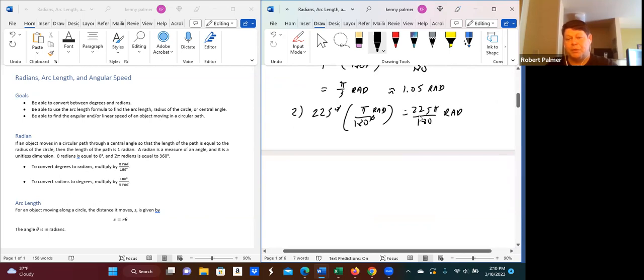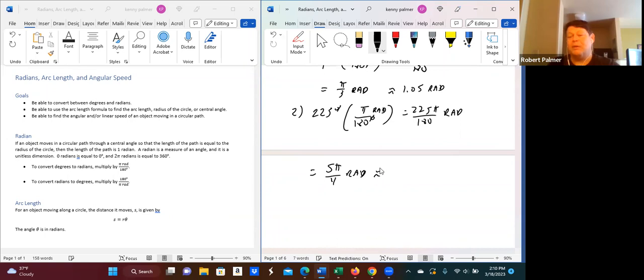Let's see, yeah, this will reduce, and I'm going to divide them both by 45. Divide both 180 and 225 by 45, and 225 by 45 is 5. So this is the same as 5 pi over 4 radians. Okay, that's the exact value.